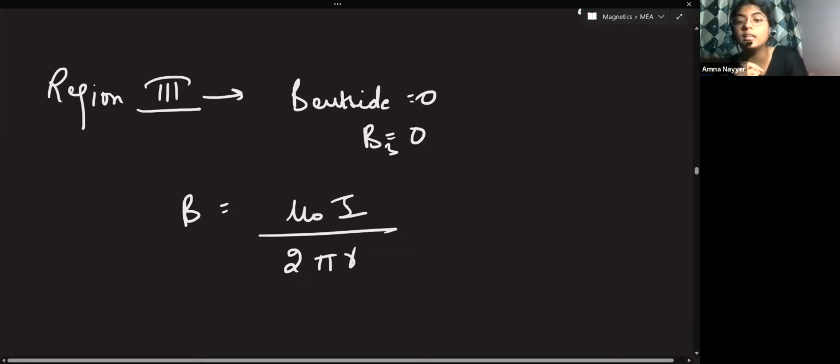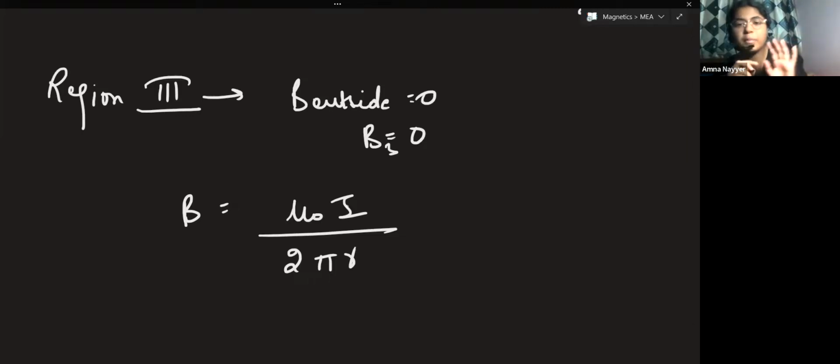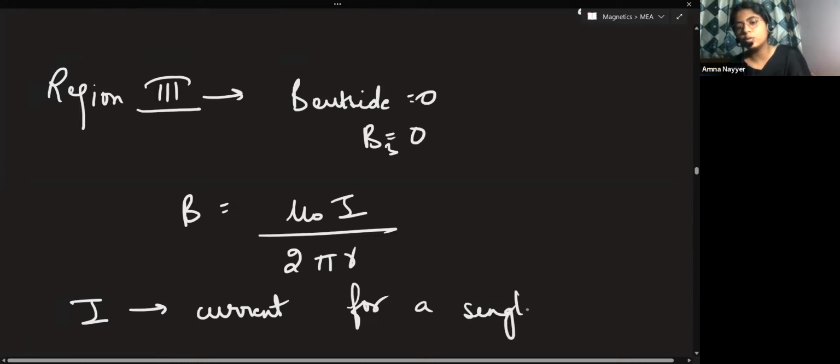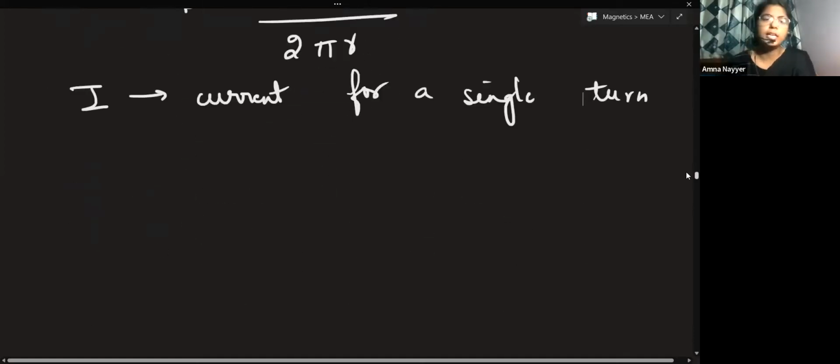Now this is the current for a single loop. But for a toroid, like a solenoid, we don't have a single loop; we have a number of turns. So I is the current for a single turn, and obviously N number of turns we have to keep in mind. N is the number of turns.